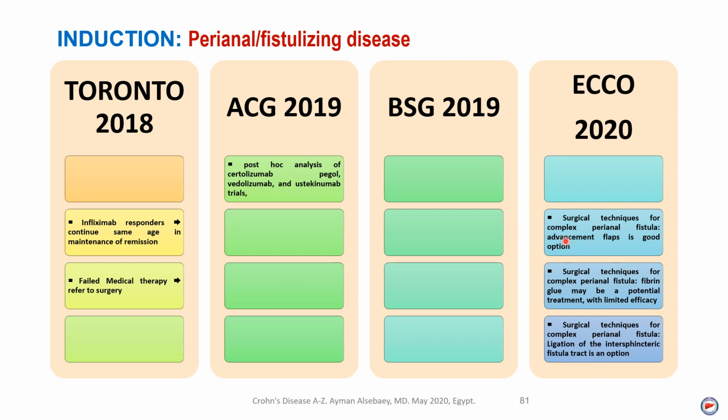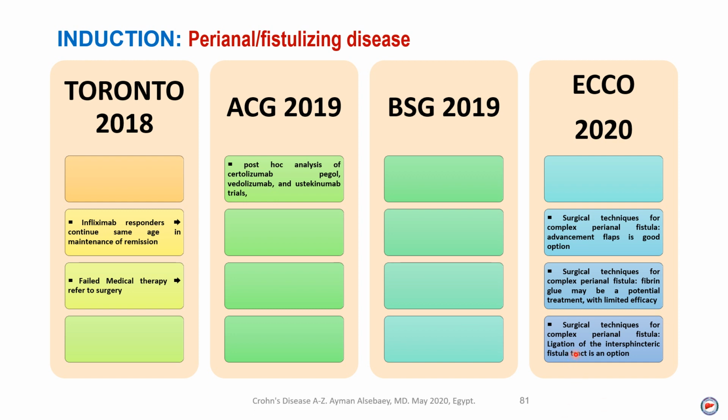The ECCO guidelines said that among the surgical options, we can use what is called advancement flaps, which is a good option. There is another option which is called fibrin glue injection into the fistula, but it is of limited efficacy, not as effective as advancement flaps.